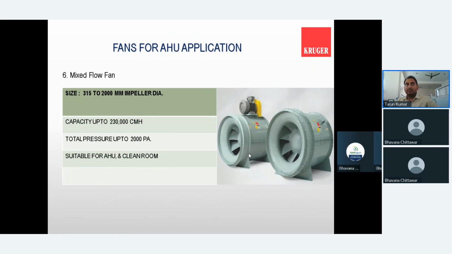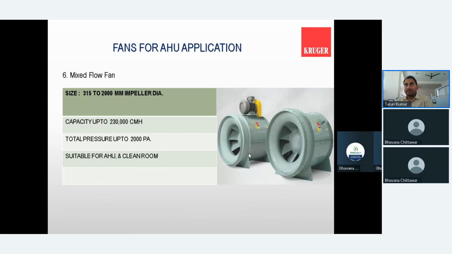Basically, why we are using belt driven and direct driven: when there is some chemical part or some application where motors cannot be in the airflow path, then we go with the belt driven kind of setup for this mixed flow fan.